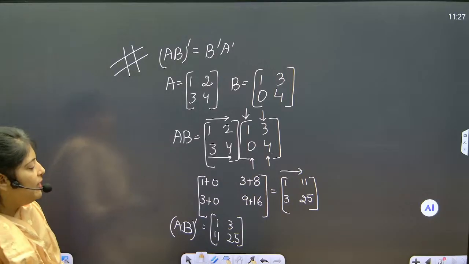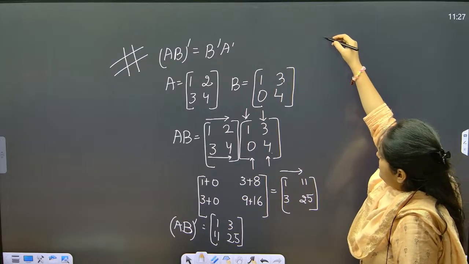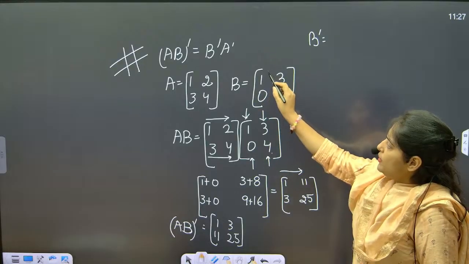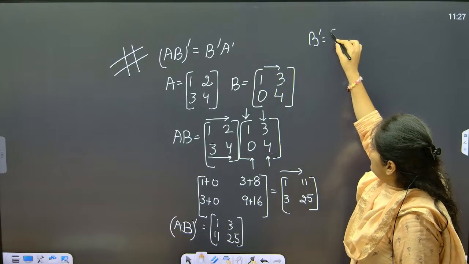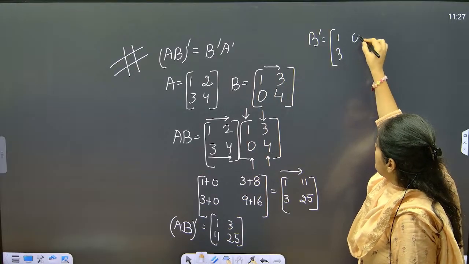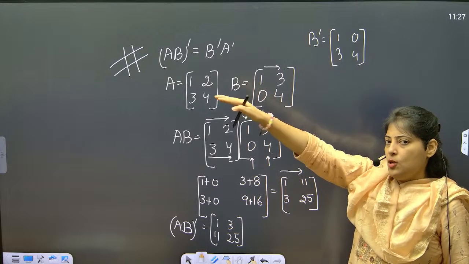Now we'll talk about RHS. RHS means first we have to see B transpose. B transpose is nothing but first row will become first column, second row will become second column. Column means vertical, row means horizontal.